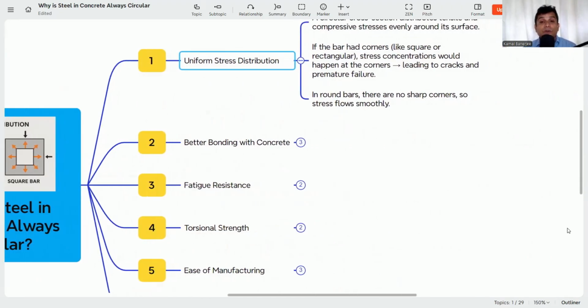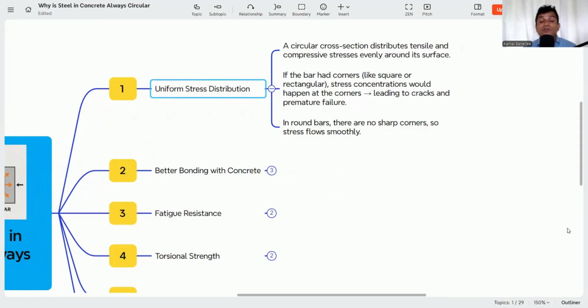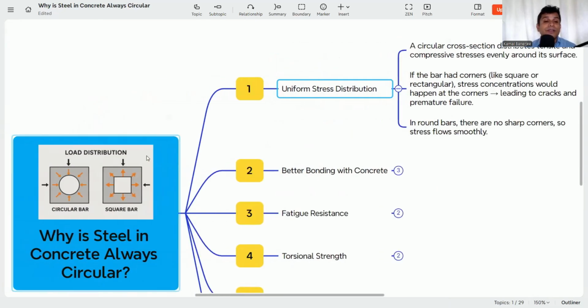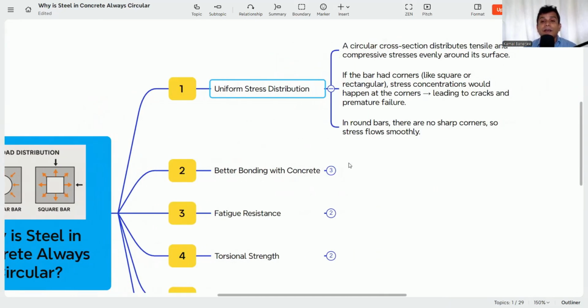So for that we need uniform stress distribution, and that is why the circular bar is more preferable, because a circular cross section distributes tensile and compression stresses evenly around the surface. And if the bar had corners, like square or rectangular, here you can see, stress concentration would happen at the corner, leading to cracks and premature failure.